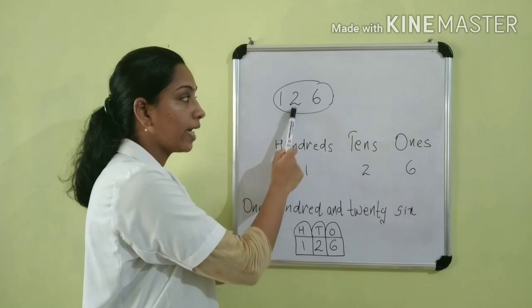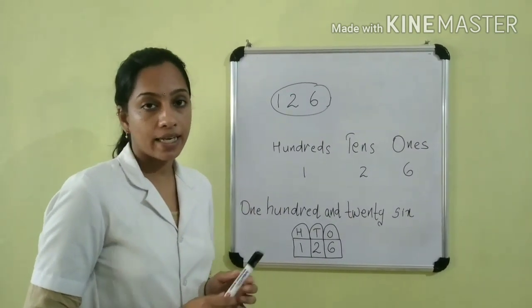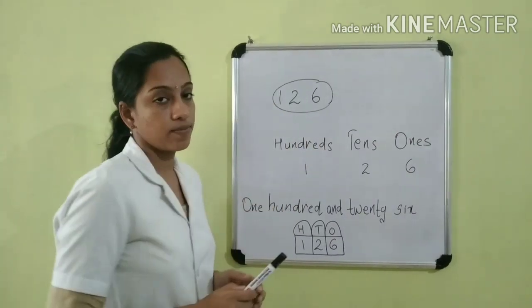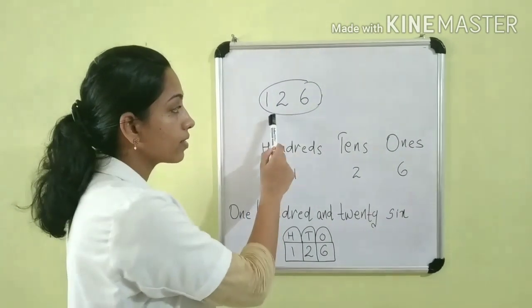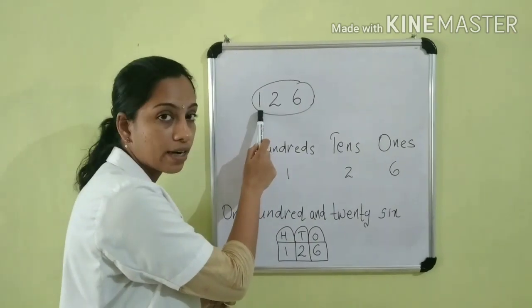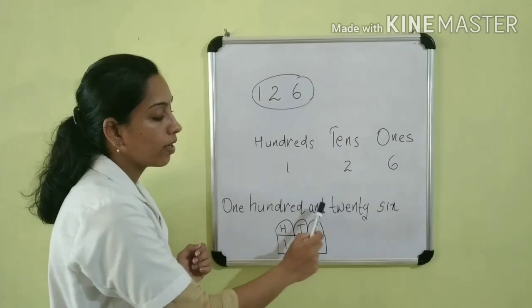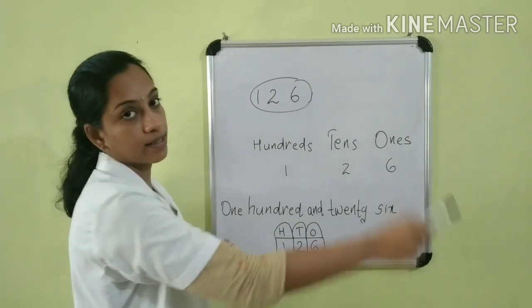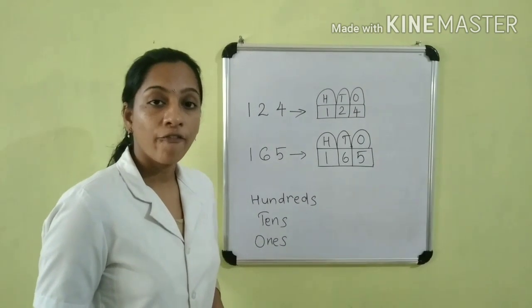Then you read the tens and ones digits together. That is 26. Then tell me children, how will you read this number? It's 126. Is it clear?